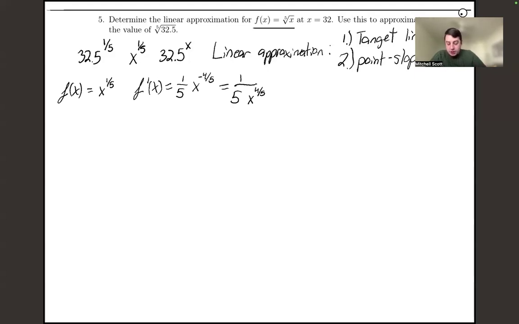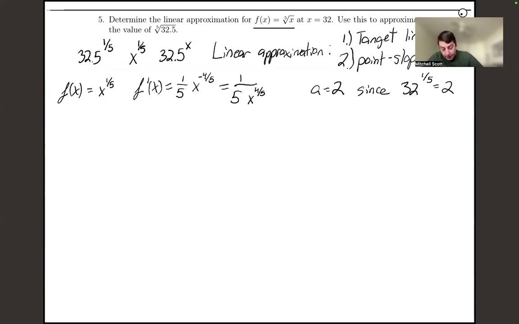Now, another thing we need to do with our linearization or our tangent line is figure out at what point it is centered, right? That's equivalent to figuring out what value 32.5 is close to that we know the fifth root of. So for example, it would be a equals 2, since the fifth root of 32 is 2.